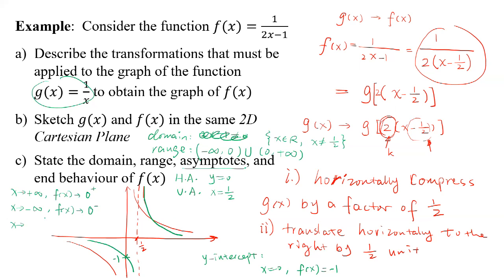And when x approaches 1 over 2 from the positive side, f(x) approaches positive infinity, right? And when x approaches 1 over 2 from the negative side, f(x) approaches negative infinity. Understand?